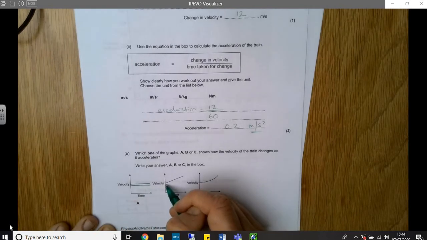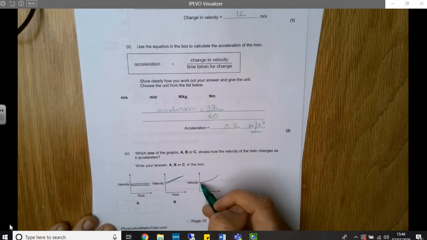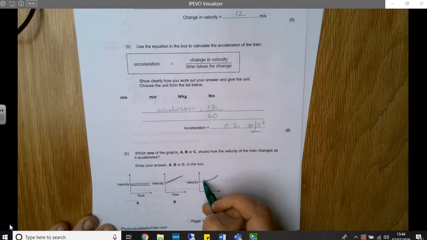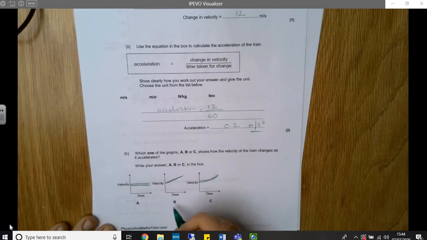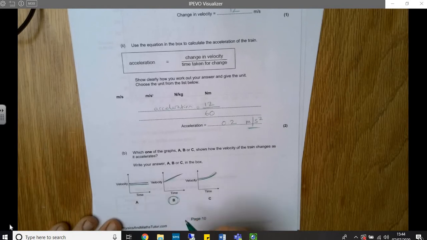Here we've got an increasing velocity, okay, so it's going up, and here we've got an increasing velocity but at a different rate. So the answer we're looking for is B, okay, because that is how the velocity is changing as it accelerates.